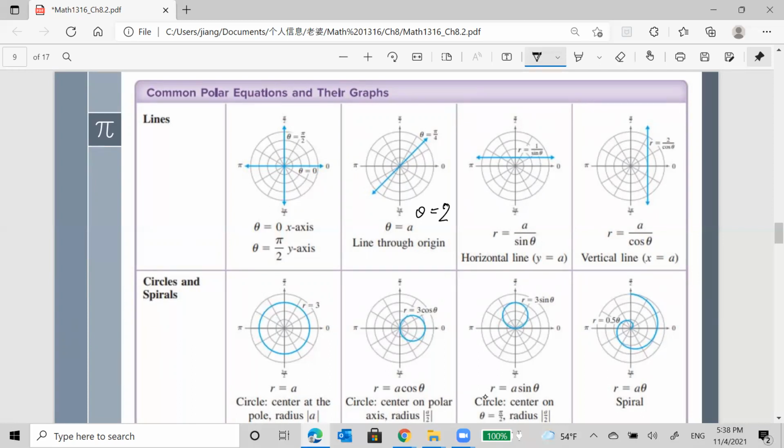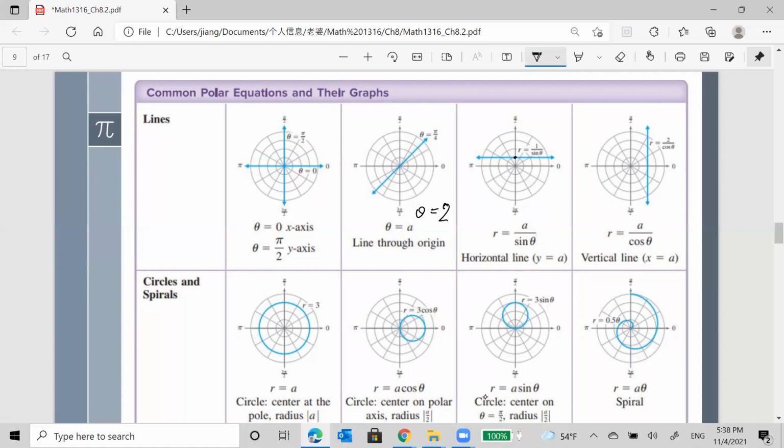Okay, this one, r equals a over sine theta, is a horizontal line, and the intersection here is y equals a. So remember, if the bottom is sine theta, it's a horizontal line like this, and the intersection depends on the a, on the numerator.